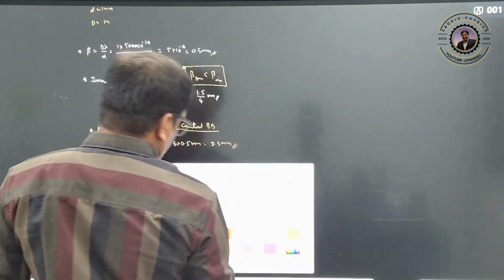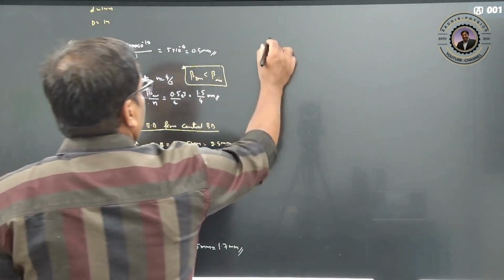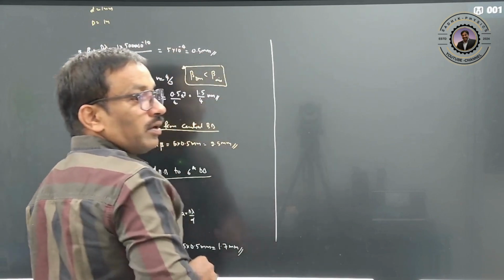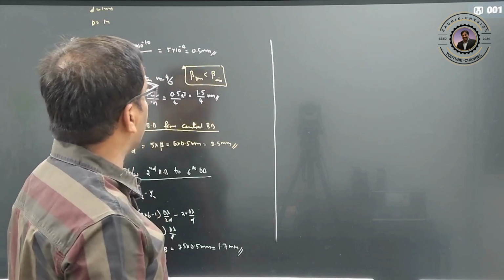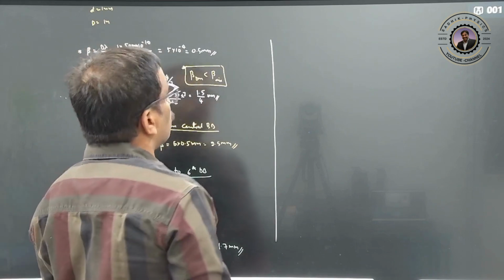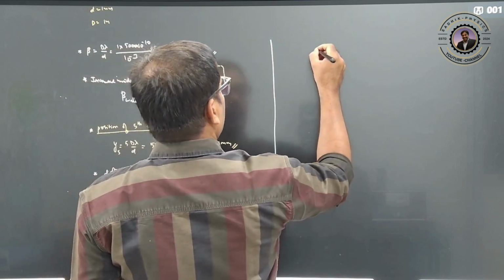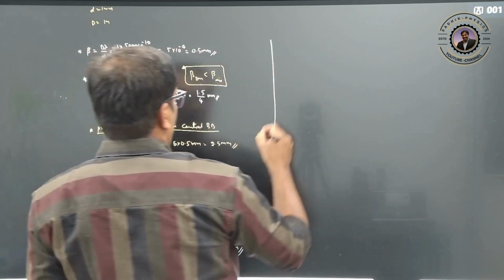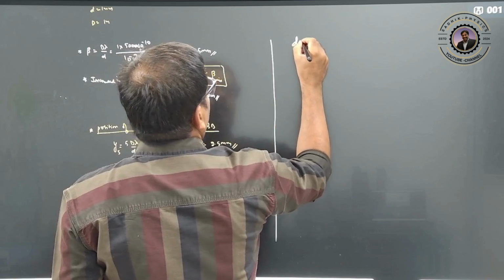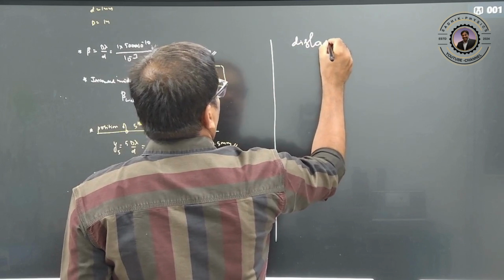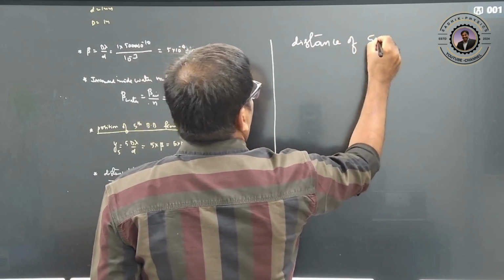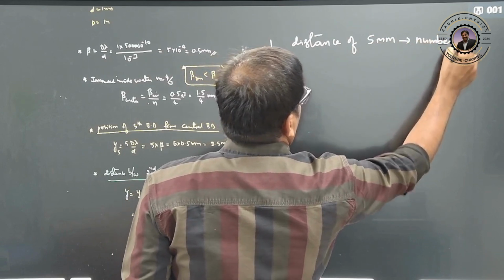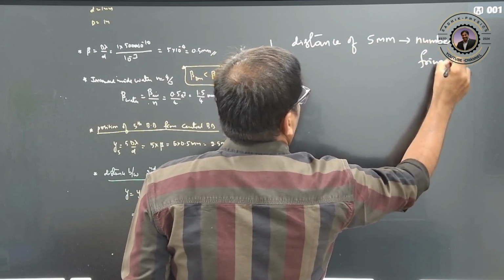One more question can be asked here: at a distance of 5 millimeter from O, find the number of fringes including the central one.